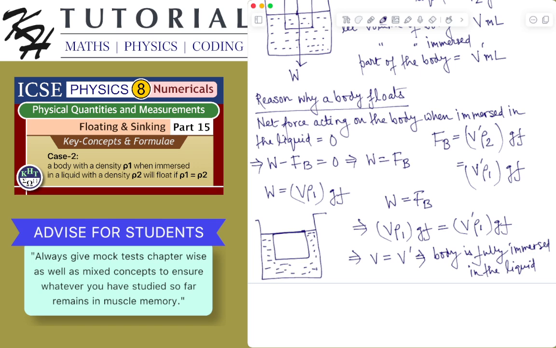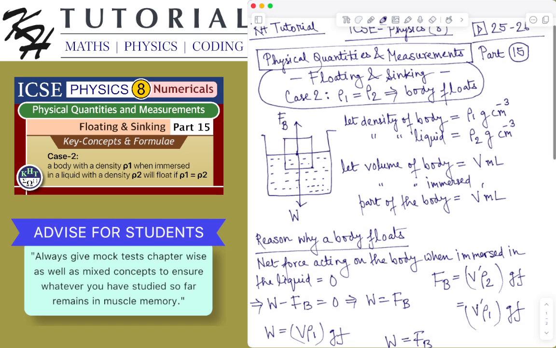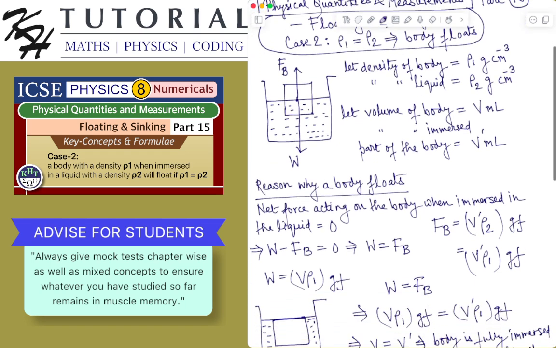That is, the entire body will be just below the surface of the liquid. So in summary, if the density of the body is equal to the density of the liquid, then the body will float wholly immersed in the liquid, just below the surface of the liquid.